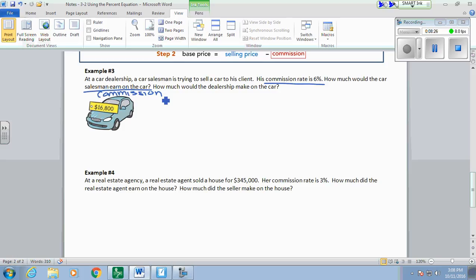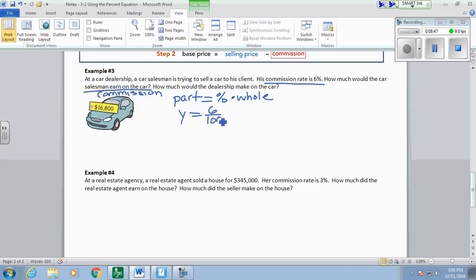So we're going to start again with part equals the percent times whole. If you wanted to write commission equals commission rate times selling price, that's fine by me. We don't know what the part is. That's what we're looking for. We're looking for the amount of commission. His rate is 6%, so that's 6/100ths.